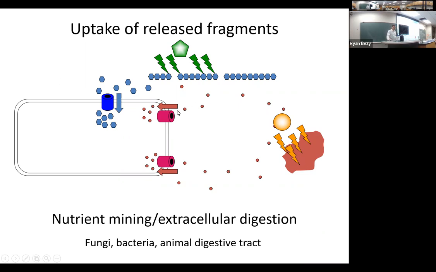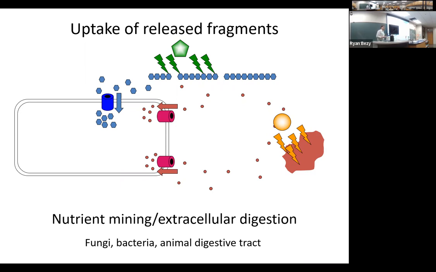This is then small enough to bring into the cell and use as a nutrient source. This is sometimes called nutrient mining, but more properly extracellular digestion, where they secrete digestive enzymes. They start the digestive process outside the cell, then bring in the small digested products like amino acids or monosaccharide sugars through nutrient transport channels in the membrane.